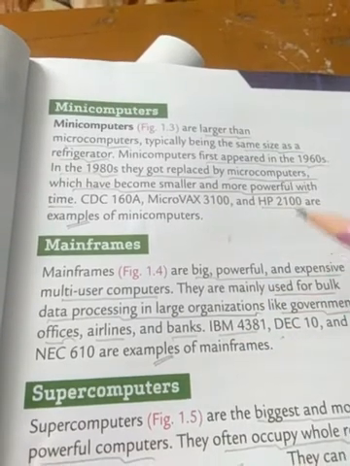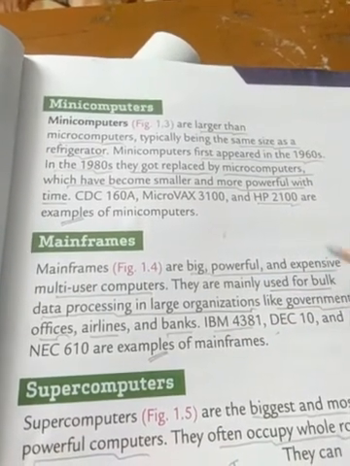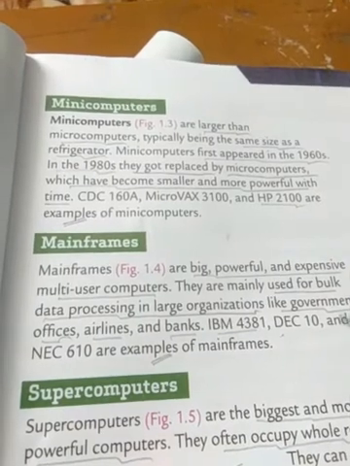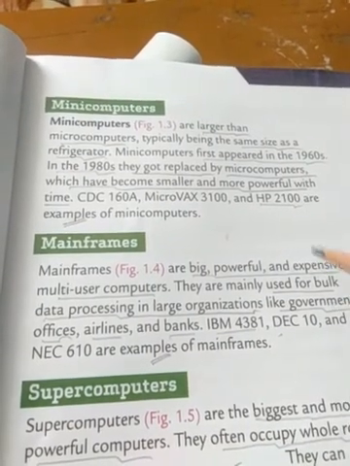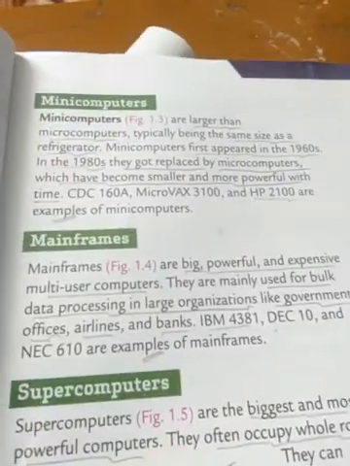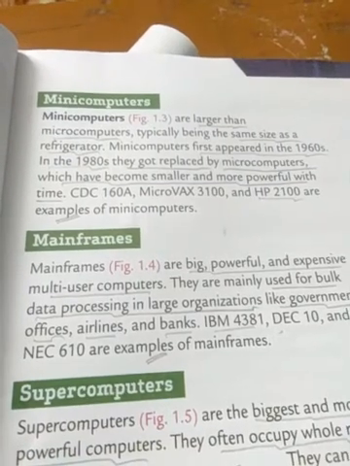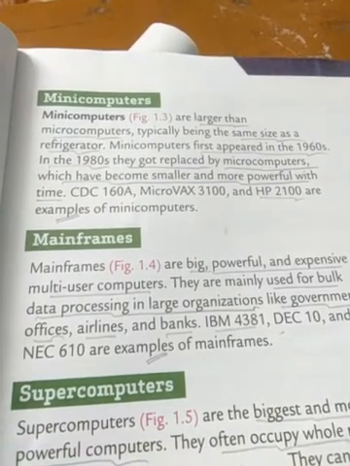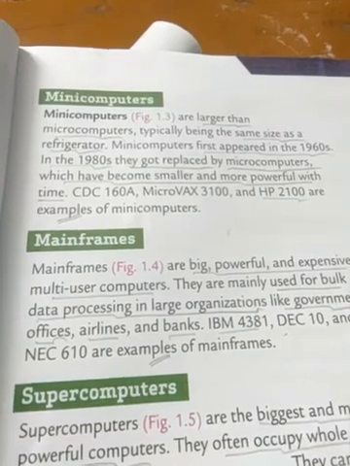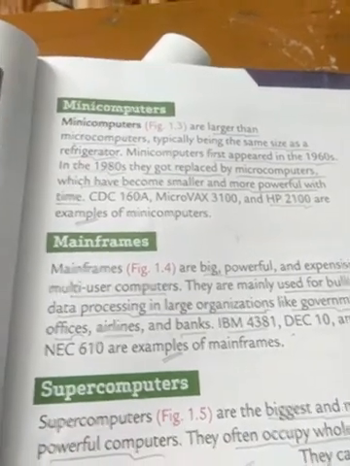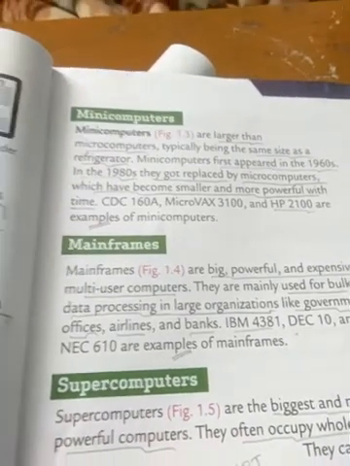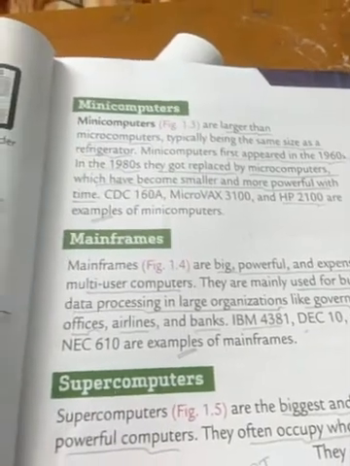What are the examples? HP 2100, one of the most important example of the mini computers. And these mini computers have become more powerful with the time.